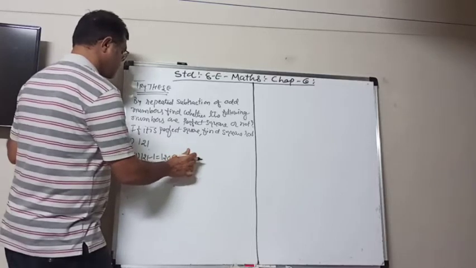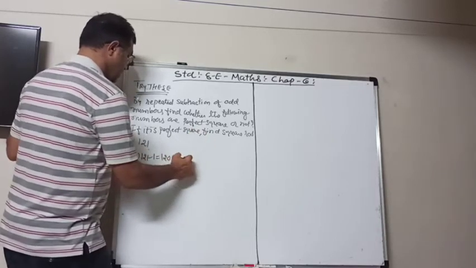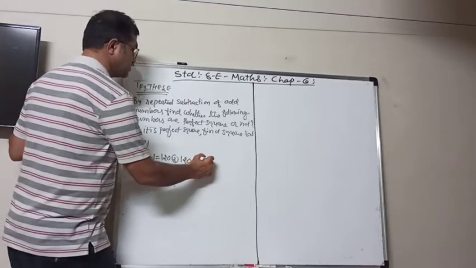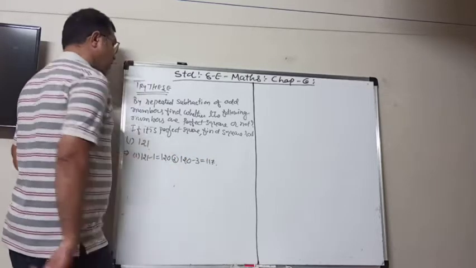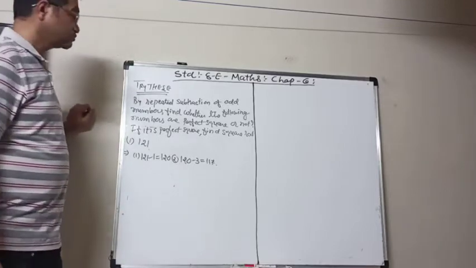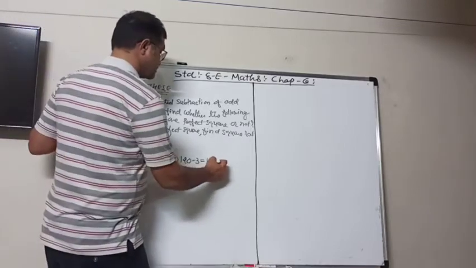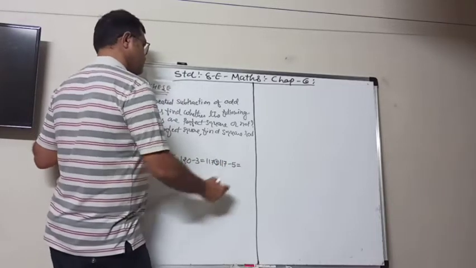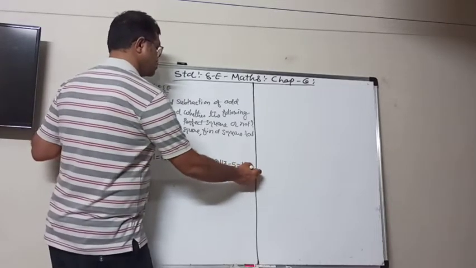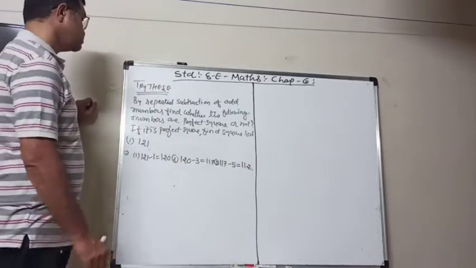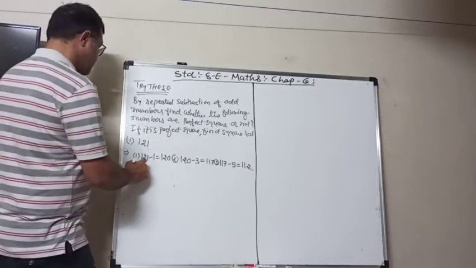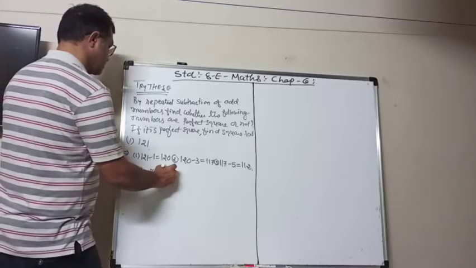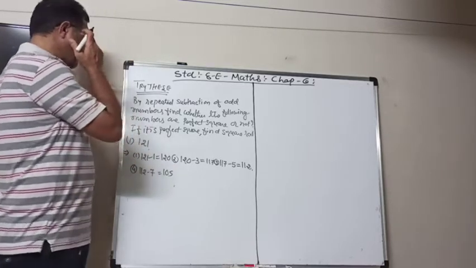Second step is 120 minus 3, that will be 117. Then 117 minus 5, that is 112. Fourth step, 112 minus 7, that will be 105.